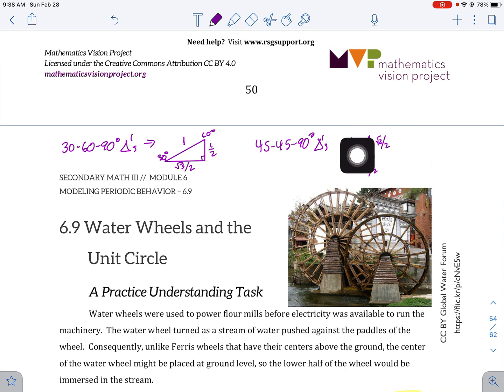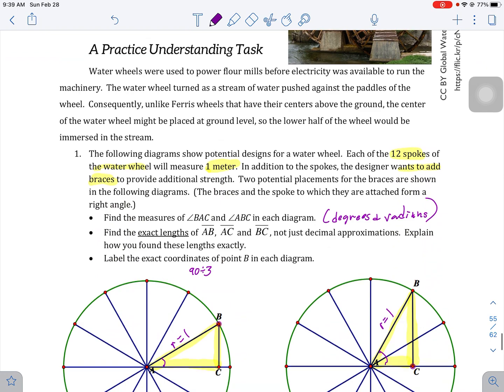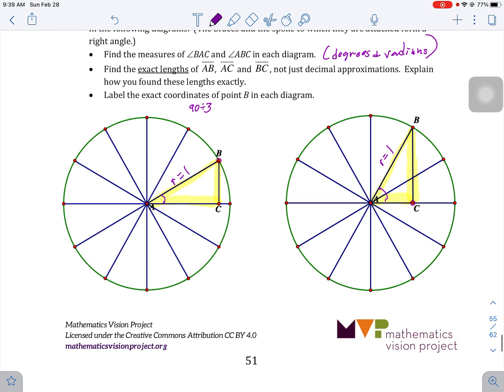If the hypotenuse is 1, then the other two sides are square root of 2 over 2, and that's because 1 divided by the square root of 2, if you multiply both sides by the square root of 2 over the square root of 2, you end up with the square root of 2 over 2, and you've rationalized the denominator. So, using that, let's see what we can do.